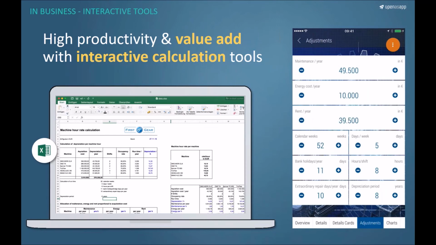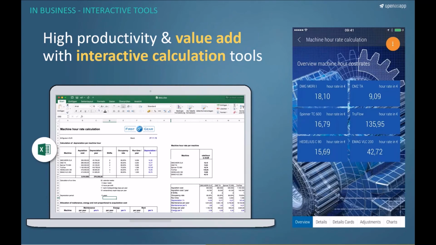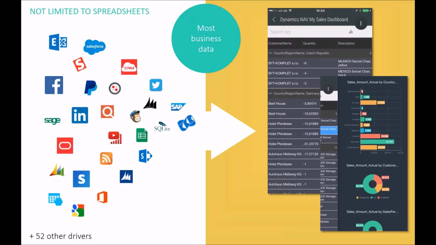But so far, I've only talked about Excel as the data source for apps, but maybe the most exciting part about OpenSAP is that the app generation can be integrated into existing systems and processes. That way you can update your app and immediately receive the most current data directly from your SAP, Salesforce, SharePoint, whatever system you're using.